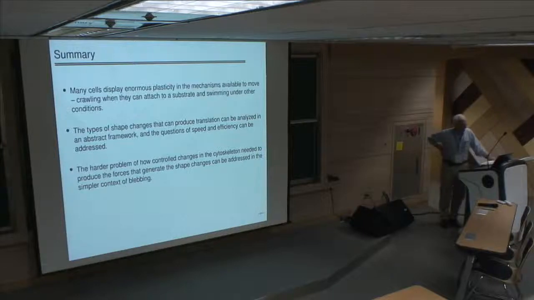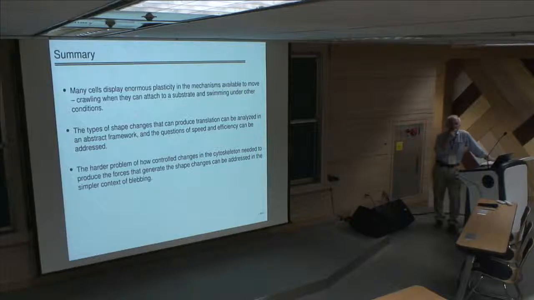In this 2D version, we were able to look at the types of shape changes that can produce translation. I didn't have time to really go through the efficiency, but one of the things we're really looking at now is the relationship between how fast you propagate those protrusions, their size, the efficiency of the swimming, different measures of the efficiency, for example.